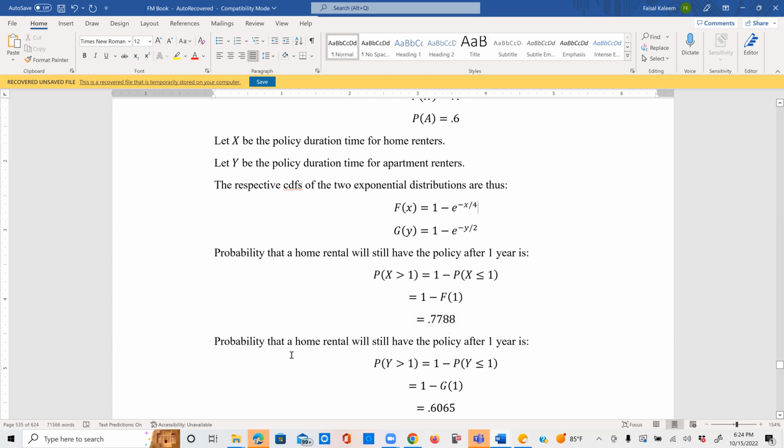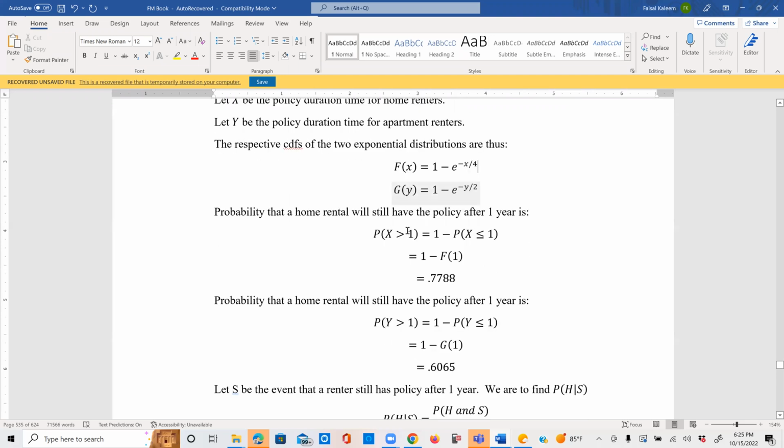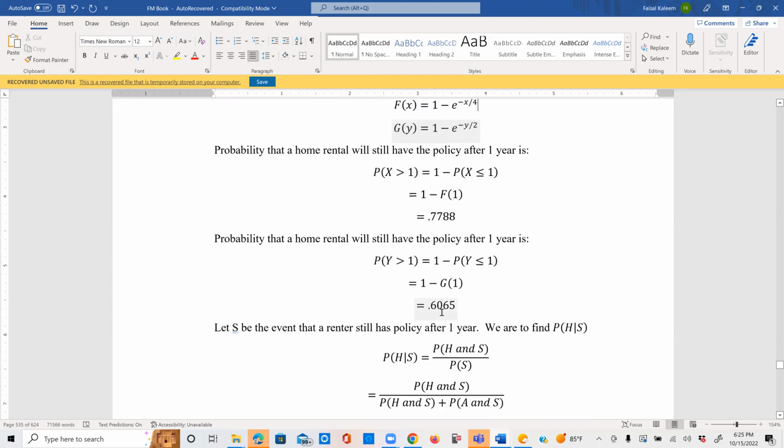Similarly, the probability that an apartment renter will still have the policy after 1 year, that's probability Y greater than 1, that would be 1 minus probability Y is less than or equal to 1, so that's 1 minus G of 1. So when we substitute the 1 over here, it ends up being 0.6065.